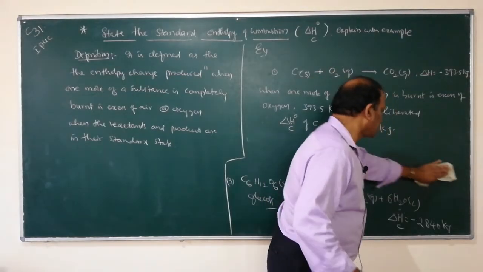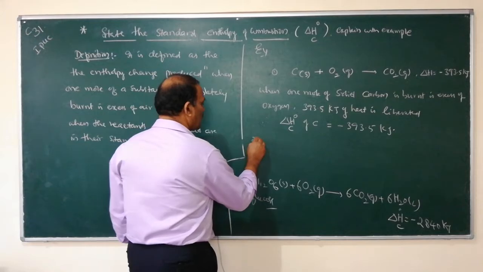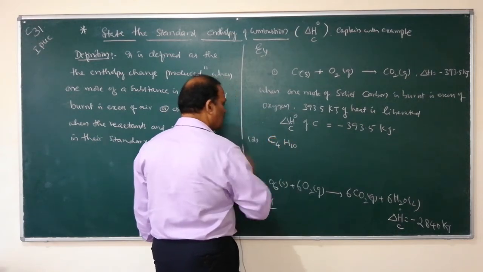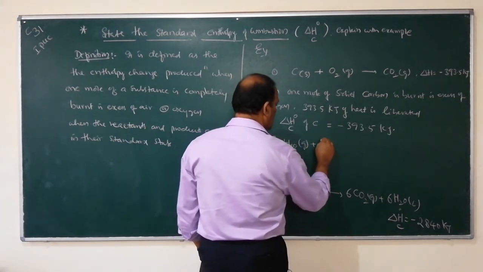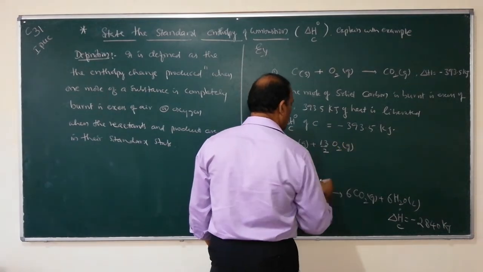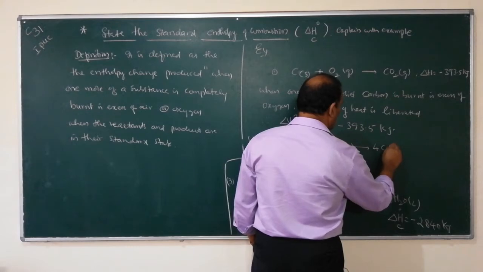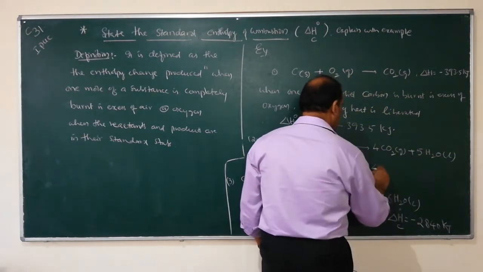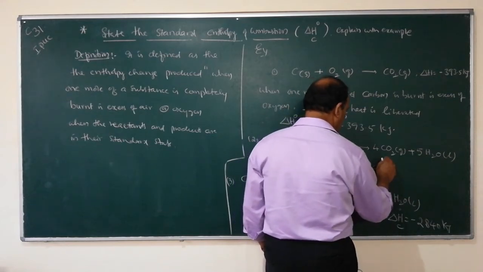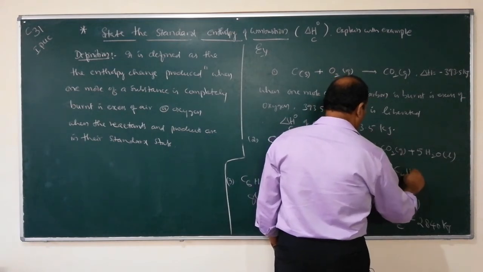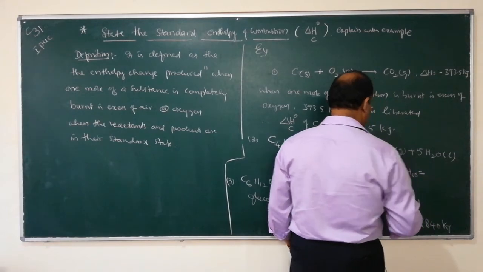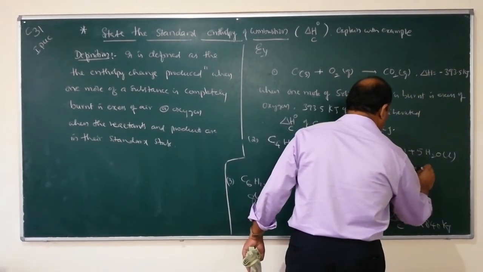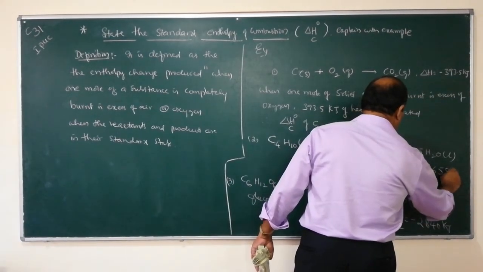Example 2. C4H10 gas plus 13/2 O2 gas gives 4CO2 gas plus 5H2O liquid. Delta Hc naught of C4H10 equals, so delta H equals minus 2658 kilojoules.